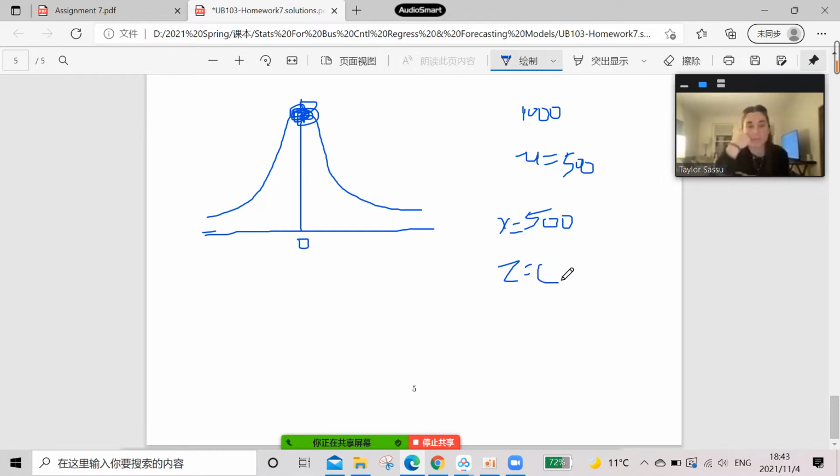This is our calculated z, also our test statistic in this case. So the probability of finding a z-score greater than 0 is simply the area on the right of 0. And because this distribution is symmetric, that probability is 50%.